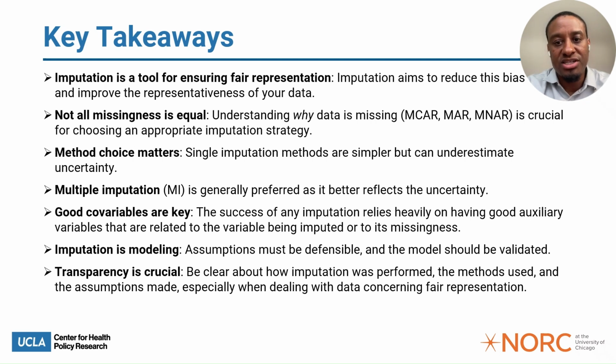Multiple imputation is generally preferred because it better reflects the uncertainty. Good covariates are the key to a successful imputation. Remember that imputation is a form of modeling, so its assumptions must be defensible, and the model should be validated. Finally, transparency is crucial. You must be clear about the methods and assumptions used, especially when dealing with data related to fair representation.